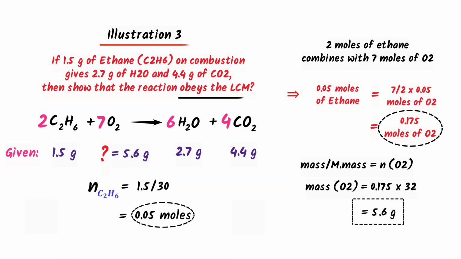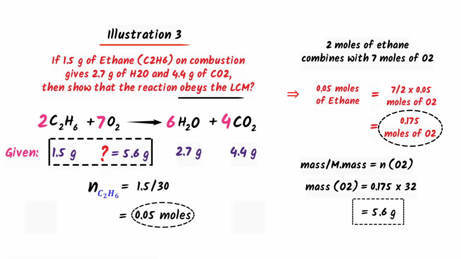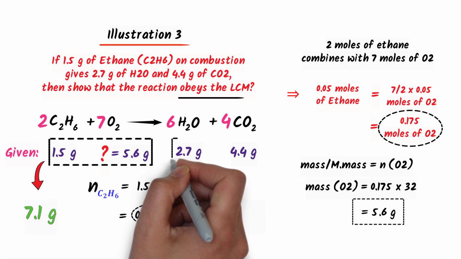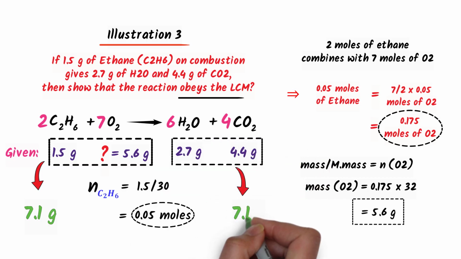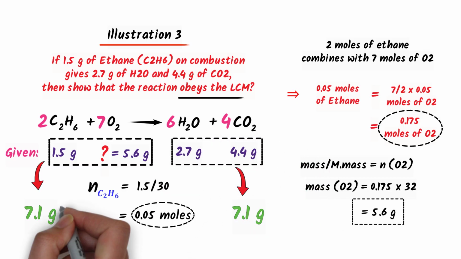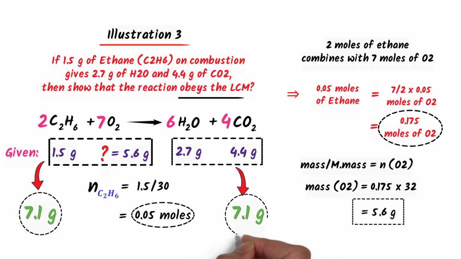Now let's get back to the question. While we add up the total mass on the reactant side, that comes out to be 7.1 grams, and in the same way while adding up the total mass on the product side, it also gives us 7.1 grams. As the mass of reactants is equal to the mass of products, clearly the reaction obeys the law of conservation of mass.